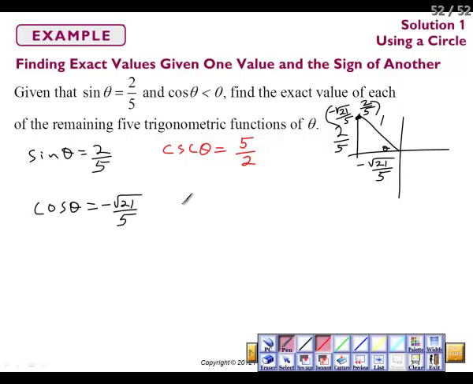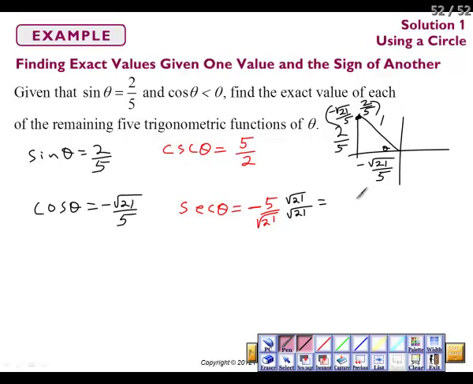And now for cosine, the reciprocal of cosine is secant theta. And so the reciprocal of that would be, the sign is going to be the same, it's going to be negative 5 over square root of 21. But guess what do you think we got to do here? We have to rationalize. So we have to multiply square root of 21 over square root of 21.